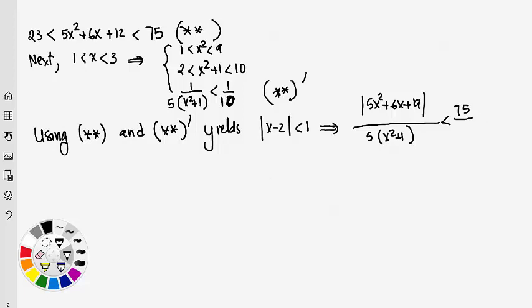So this is less than 75 over 10, and simplifying, we get 15 over 2.